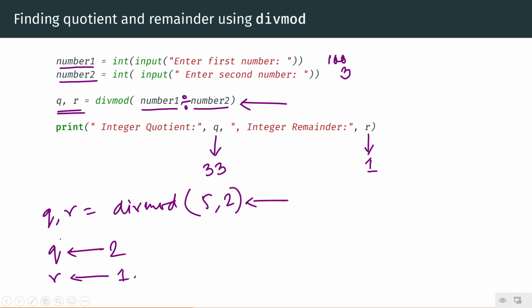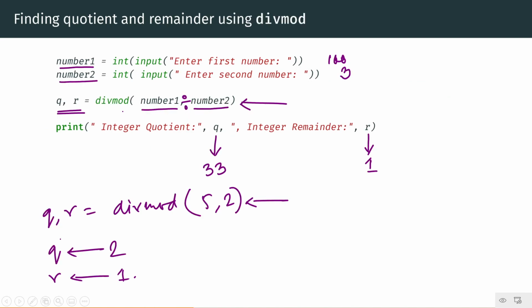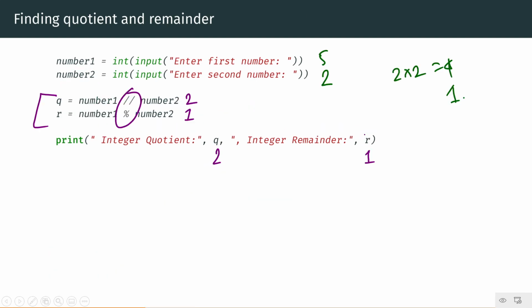If you are comfortable with using these two operators, feel free to do so. Or if you're more comfortable using divmod, it doesn't matter. As long as the answer is correct, how you reach the solution doesn't matter, because both divmod and the division and modulo operators independently do the same thing.